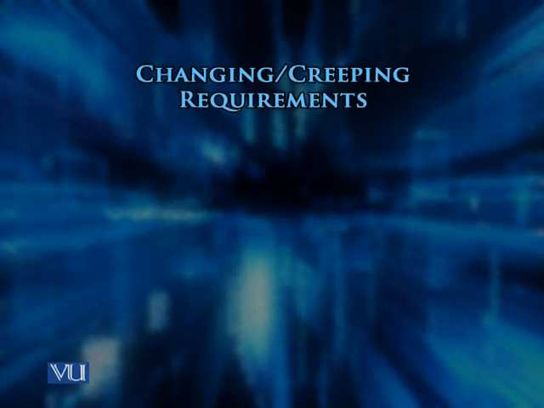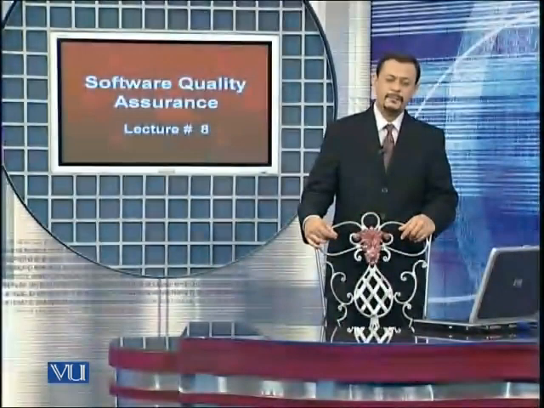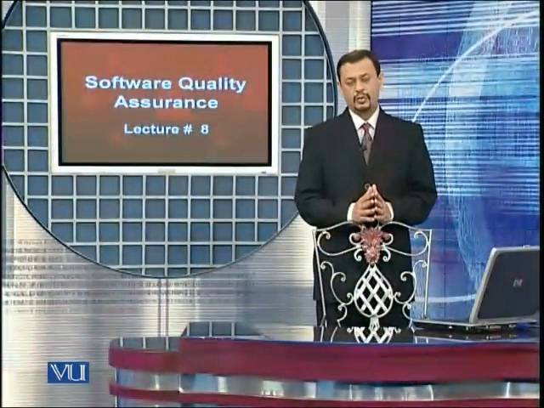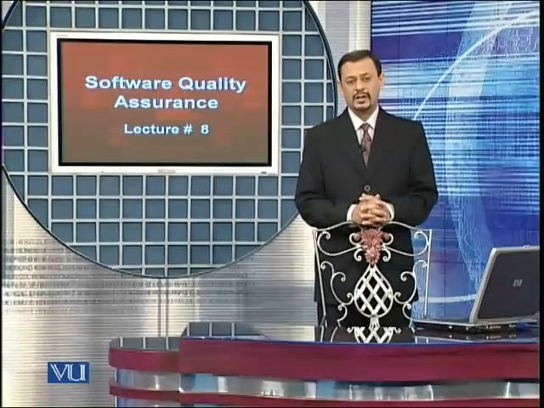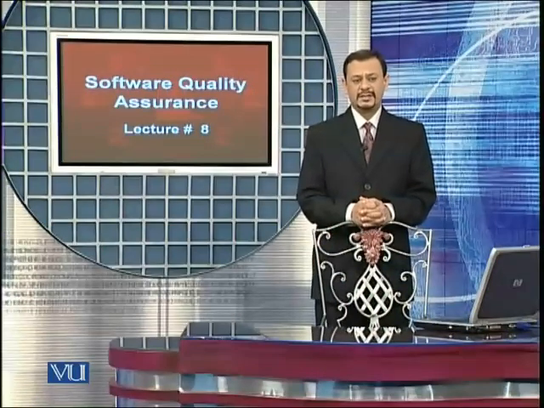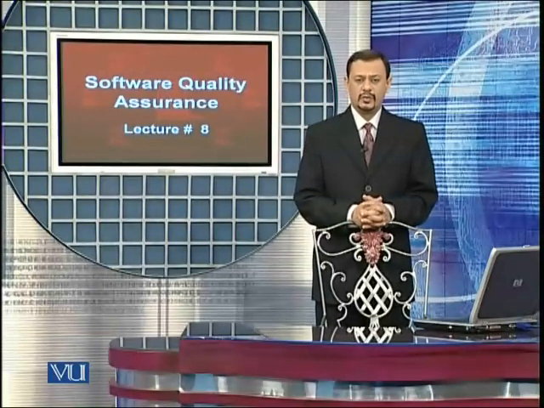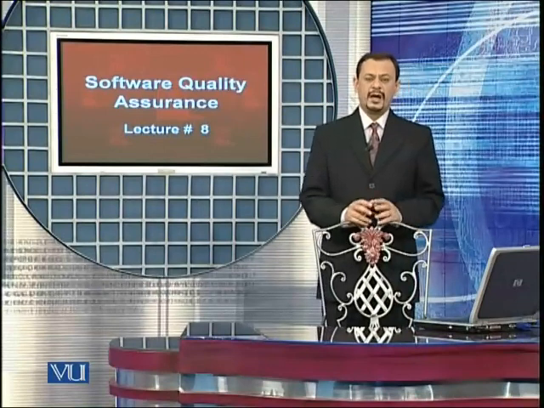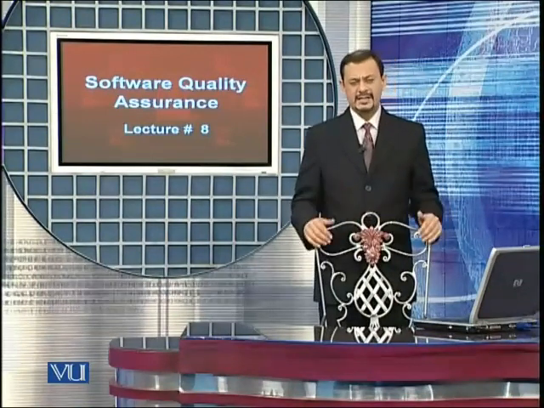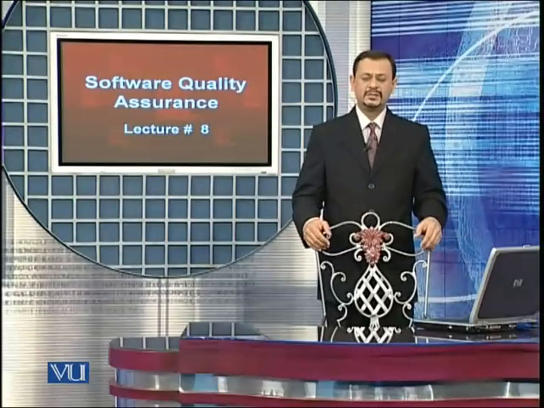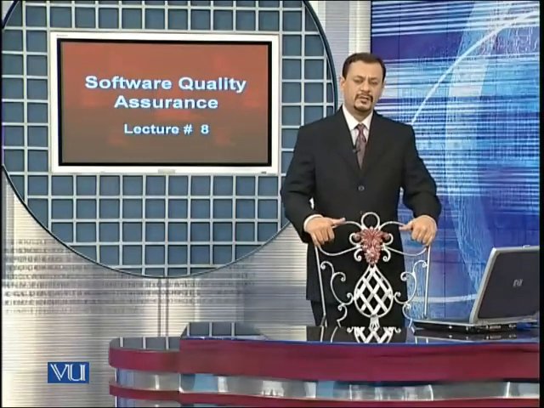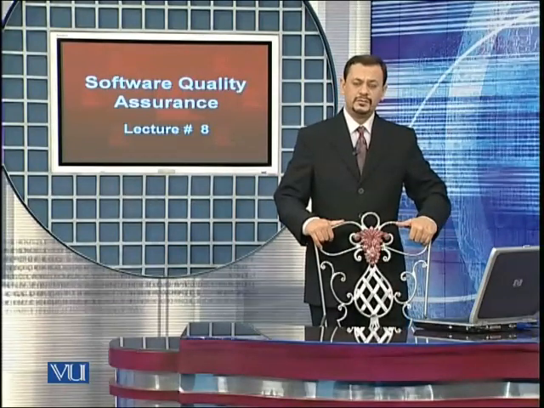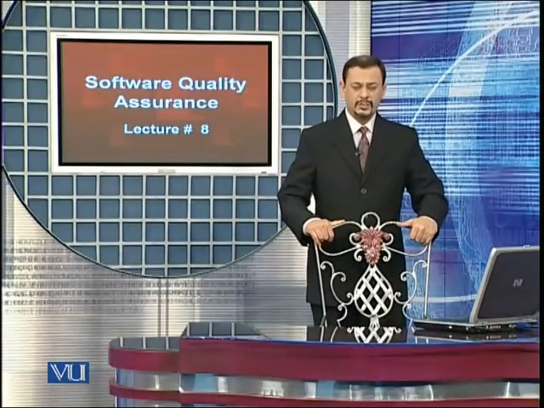Another problem with the requirements is that they keep changing, or they are also known as changing or creeping requirements. As I said before, completeness, although a very important goal, for complex and large systems is almost unachievable, because the requirements continue to change as the understanding of the customer as well as of the development team improves about the project.